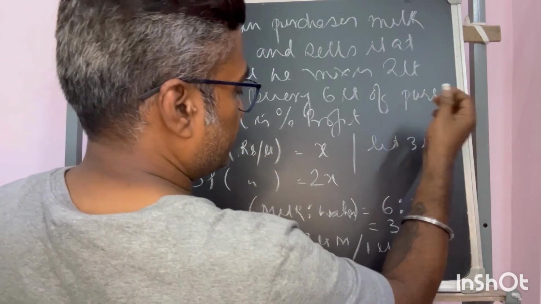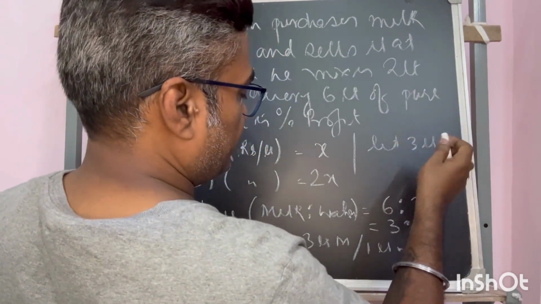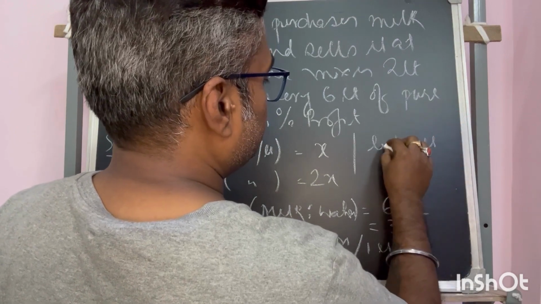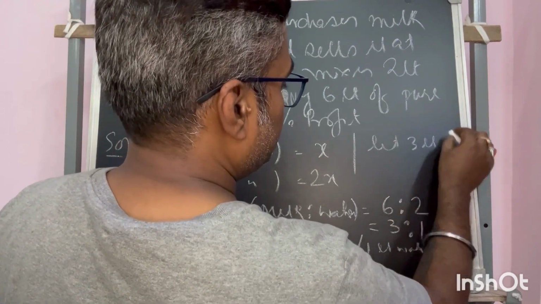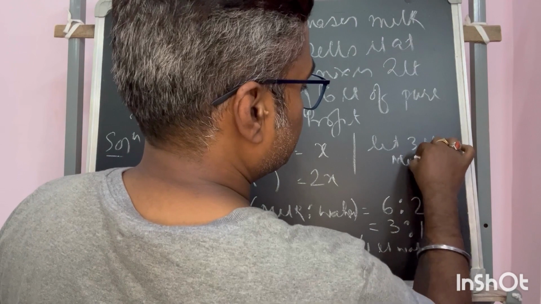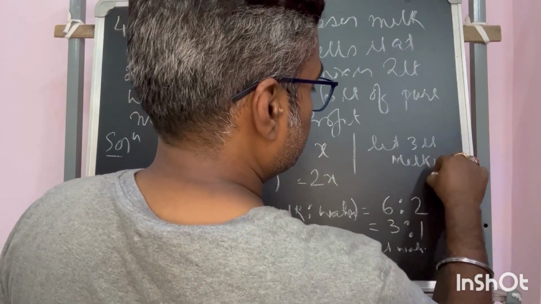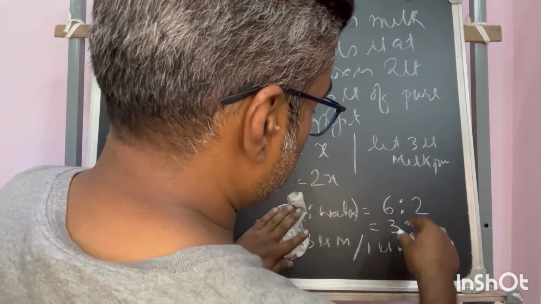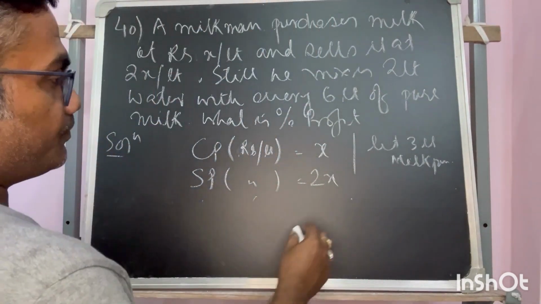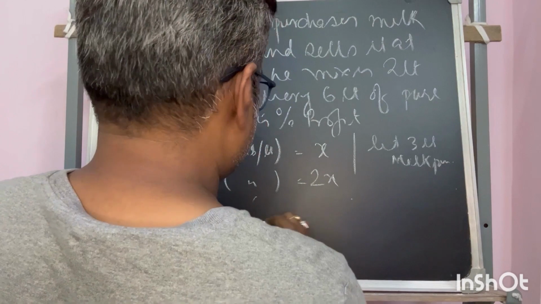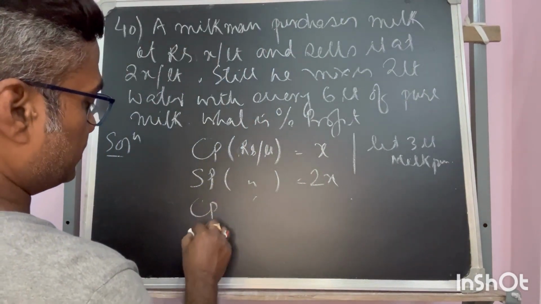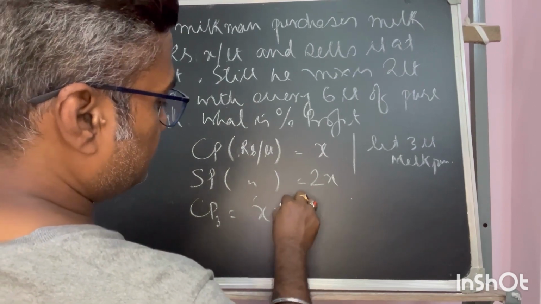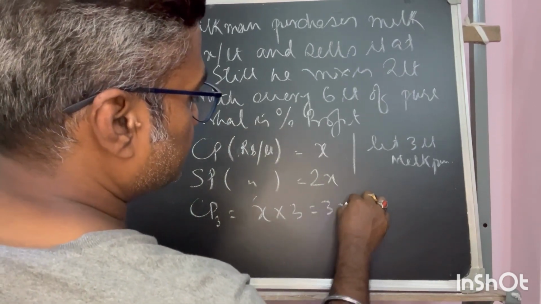So I am assuming let 3 liter milk purchased. This is my assumption. Now I am rubbing this out, because 3:1 you can understand. So cost price for 3 liter of milk is equal to X into 3, that is 3x.